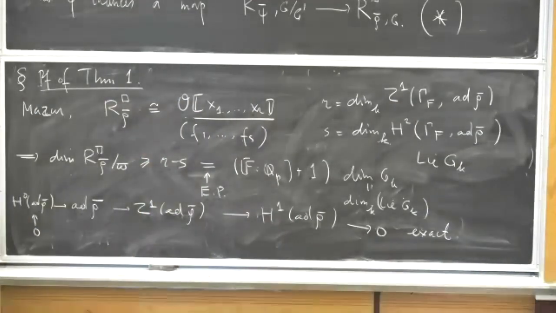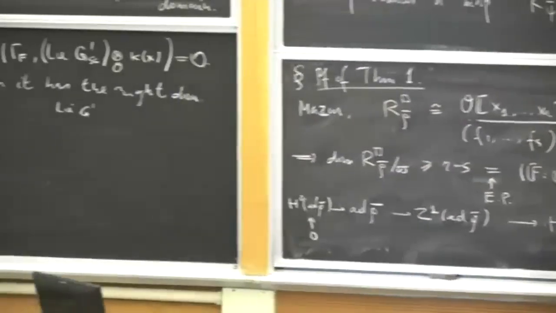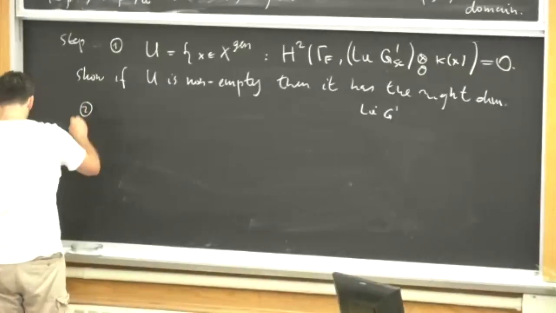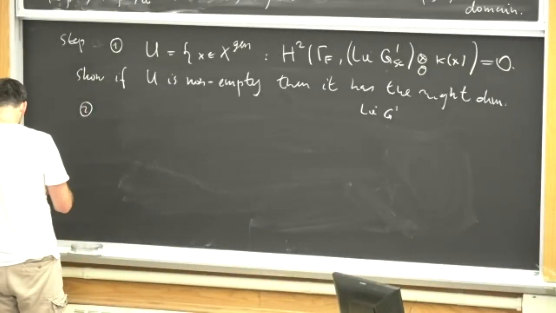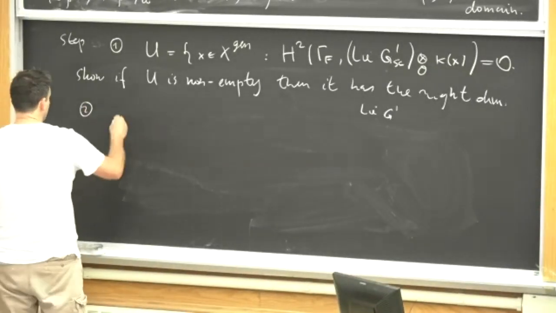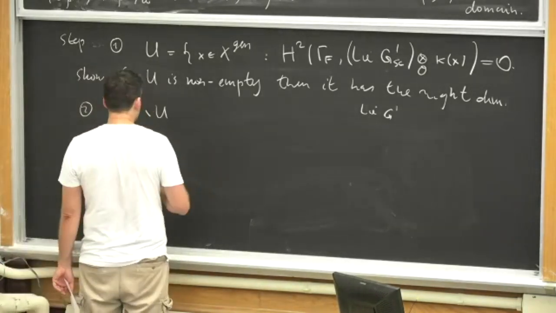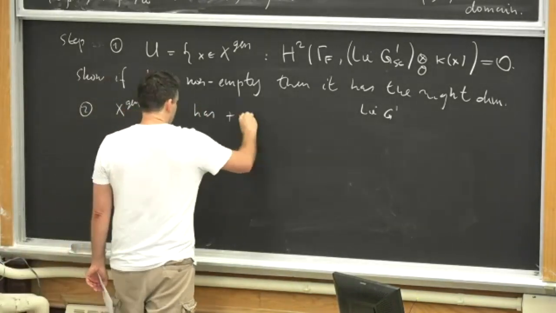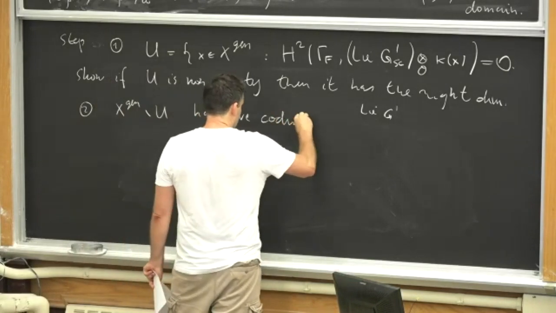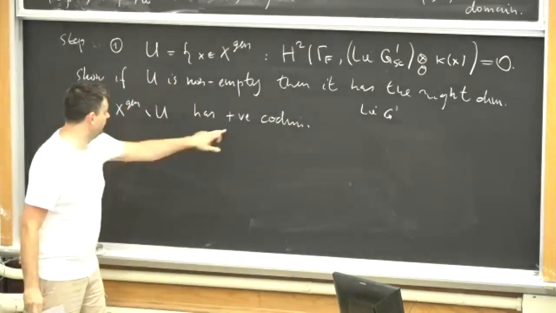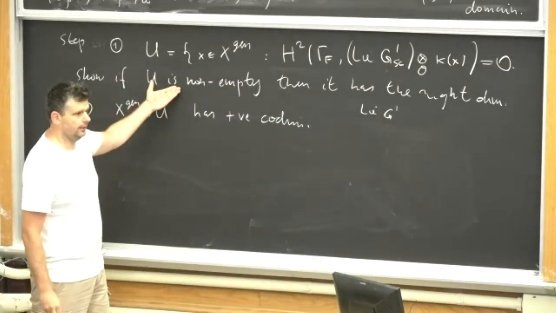So if U is not empty, we can control this dimension. Then the second step is to show that X gen minus U, its complement, has positive dimension. If you can show this, then you can conclude that U is non-empty.